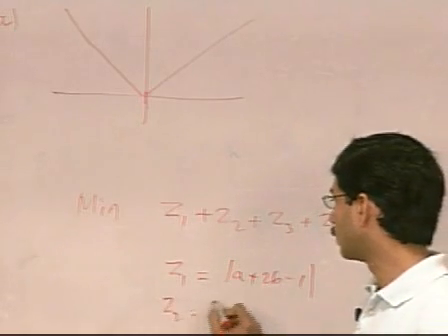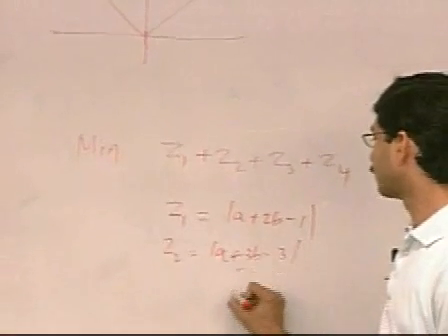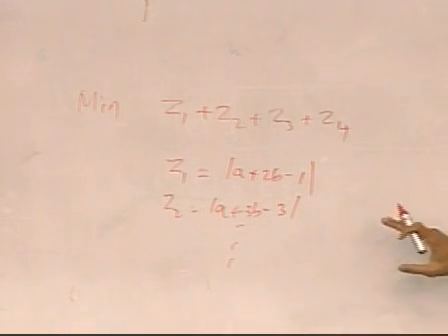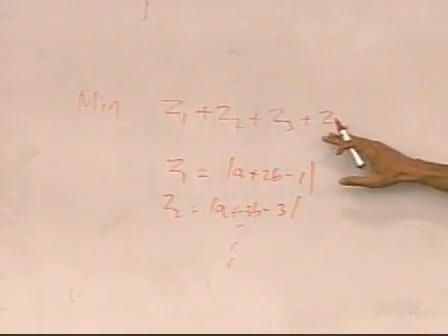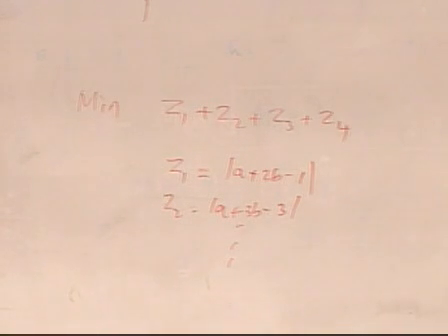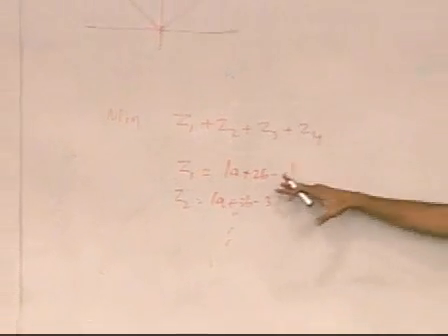Z2 equals this, and so on. Okay? Is that clear to people? So now, of course, you have a linear objective function, but you have nonlinear constraints, okay, which is still not a linear programming problem, because a linear programming problem has to have a linear objective function and linear constraints.